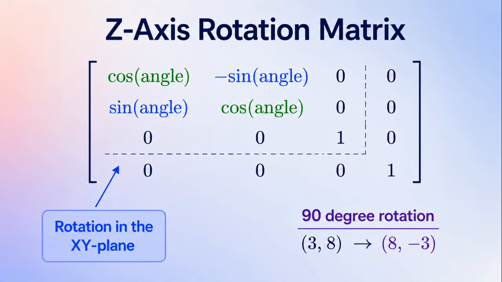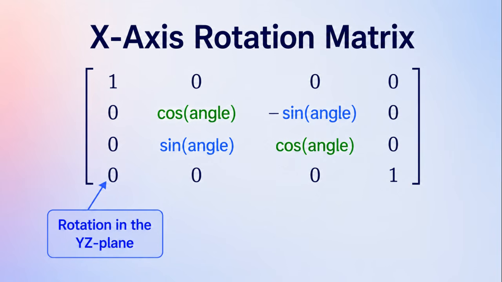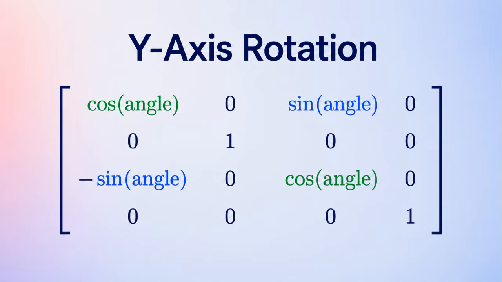For the x-axis rotation, the x value on the first row is 1, following the same logic as the z-axis rotation matrix. The cosine and sine in the next two rows are in the y and z slots because we are rotating in the corresponding plane. For the y-axis rotation matrix, the sine inversions are reversed compared to the prior two.